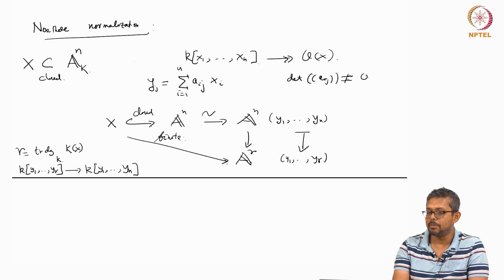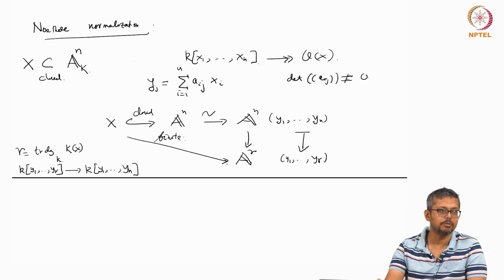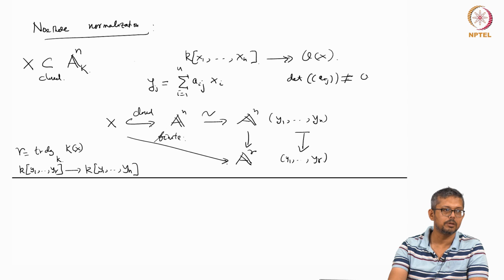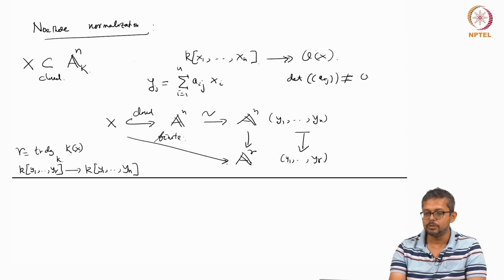So this map is finite. You could have projected to A^r, but you have to do a little bit of automorphism. Then you do the projection map, and this morphism is a finite map.